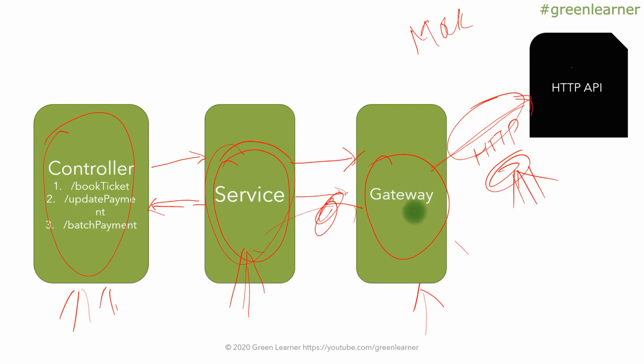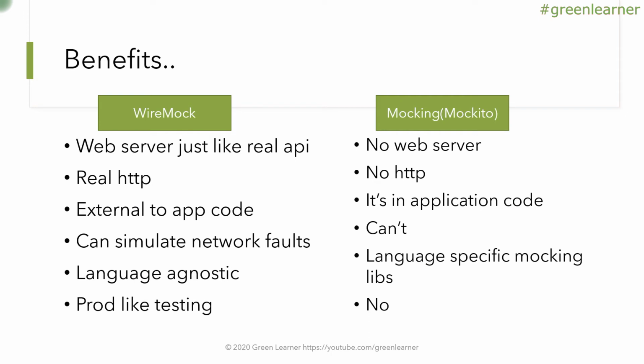So you just test the logic written in the gateway to process the third party API calls. So this is the main difference between Mockito and WireMock. WireMock is there to mock the server calls, and Mockito is there to mock the classes that are part of your application.